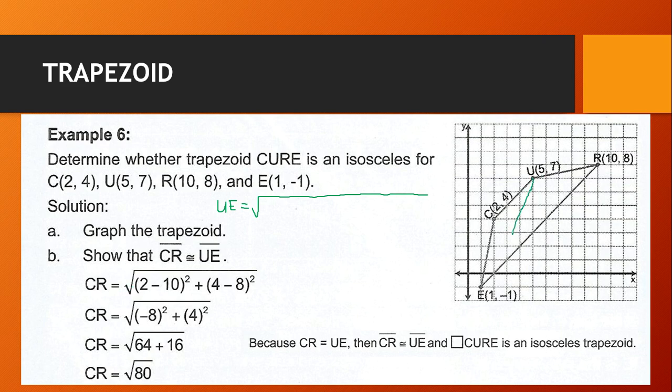I'll illustrate a diagonal again for UE. We start with 5 as x sub 2, minus 1, then squared, plus, open parenthesis, 7, that is the y sub 2, so 7 minus negative 1.